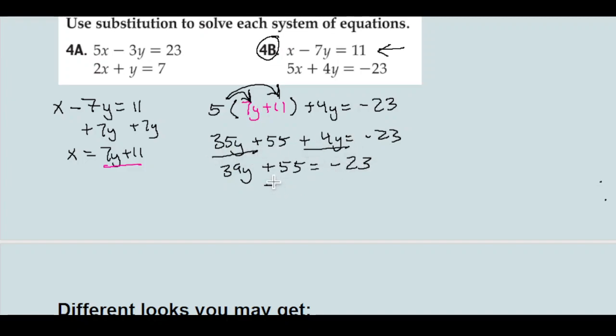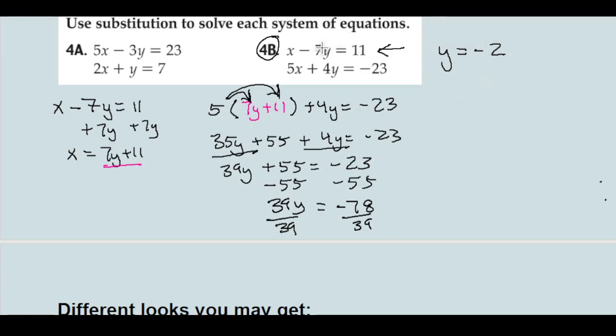And now we will move this 55 over to the other side, so minus 55. This is going to give me negative 78 and 39y. Well, 39 goes into 78 two times, right? So when we divide this by 39, this actually works out pretty nicely. We're going to get y is equal to negative 2.